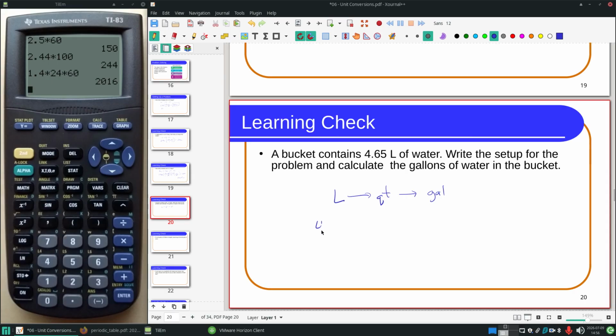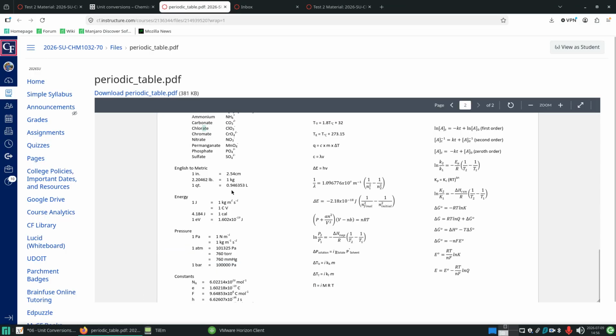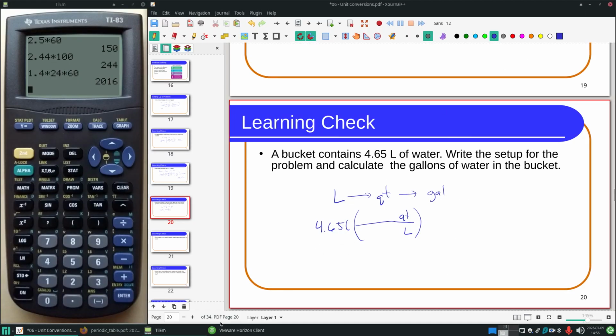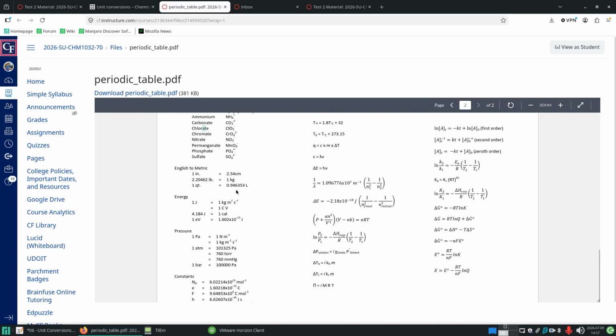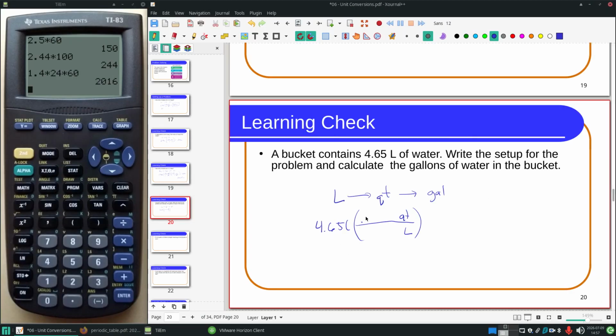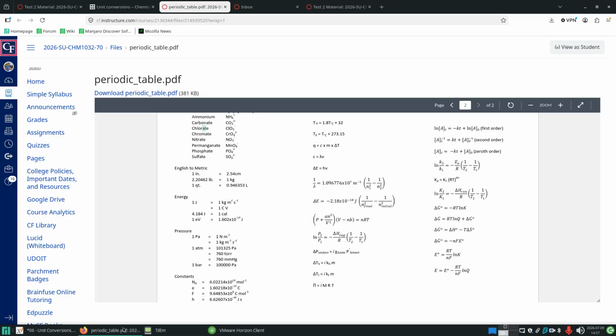But you know, this is probably one everybody knows because the quart part, that's got to be 4, right? All right, so I got 4.65 liters. Now this conversion is known more precisely than I have on the back of that periodic table, but I gave you a ridiculous amount of digits here. Oh gosh. 0.946353 liters is 1 quart. 0.946353 liters, 1 quart.